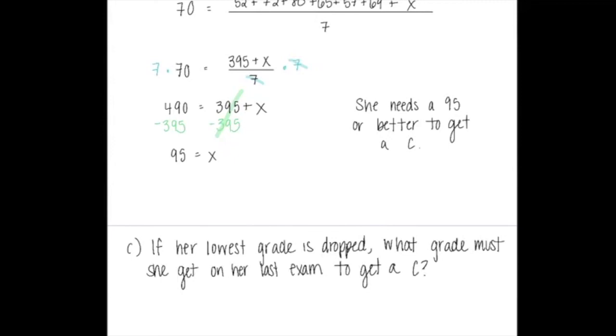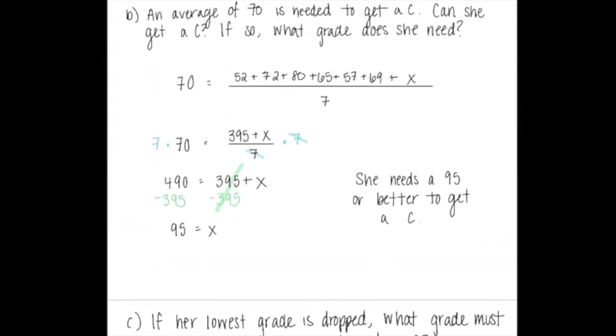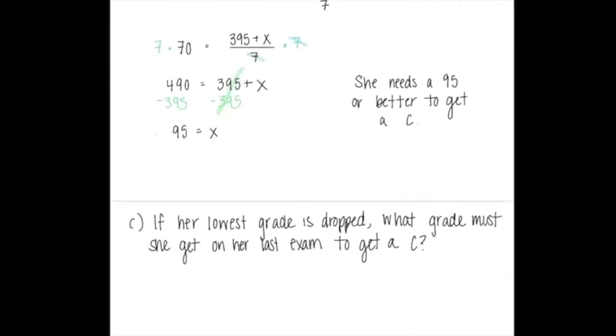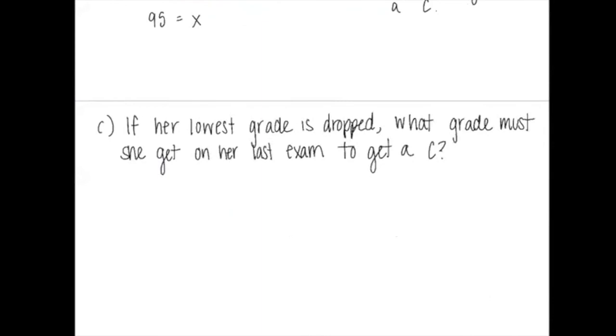Okay. So of all of our scores, this 52 is going to disappear. That is her lowest grade. And now instead of having 7 tests, only 6 are going to count. Okay. So here, the 52 gets dropped. And now we have 6 data points.